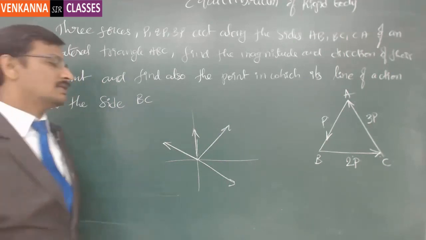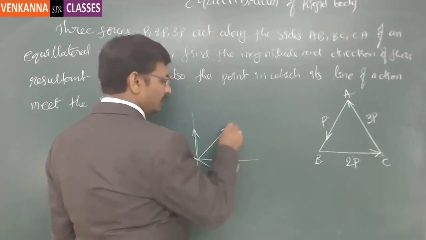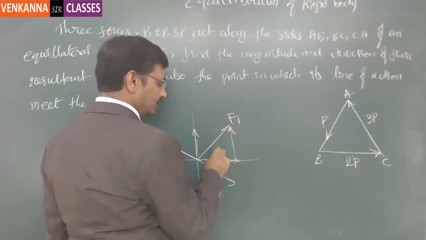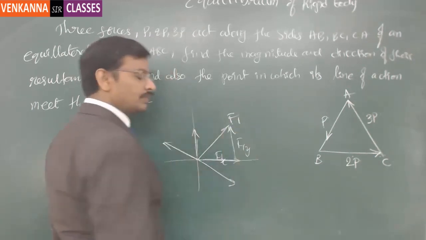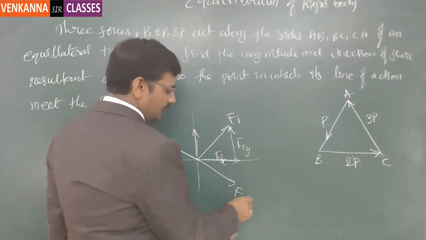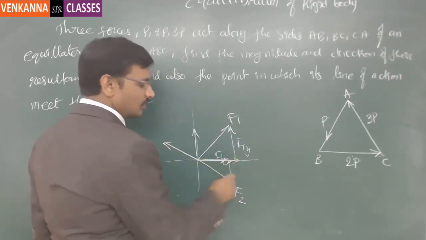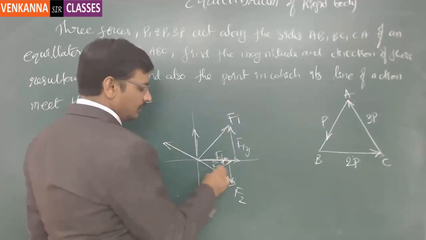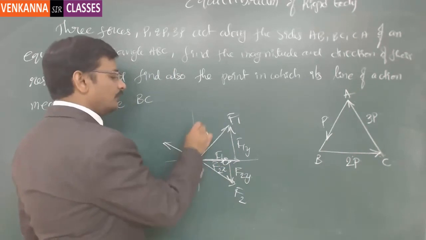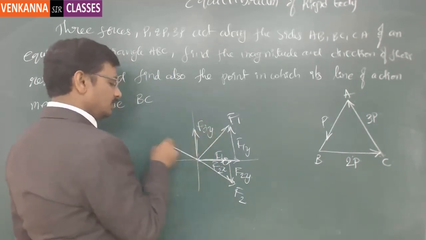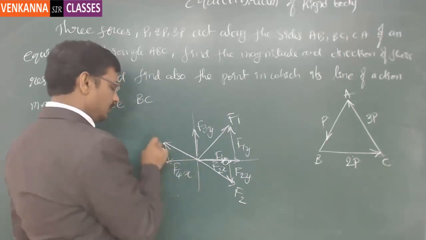So rather than that, the standard method we follow is to divide each vector into a horizontal component and a vertical component. If this is F1, then this is F1x and this is F1y. Similarly, if this is F2, you divide it into the horizontal component F2x and the vertical component F2y. In this one only F3y is there, and in this one the horizontal component is F4x and the vertical is F4y.